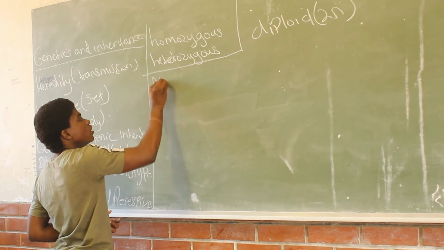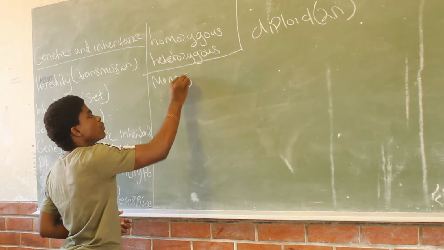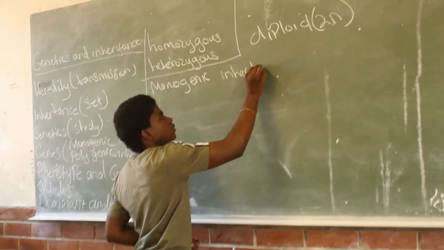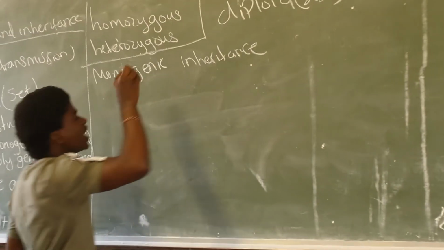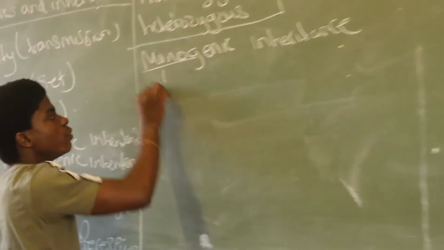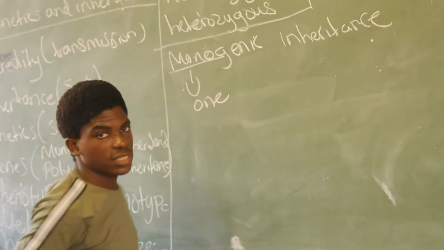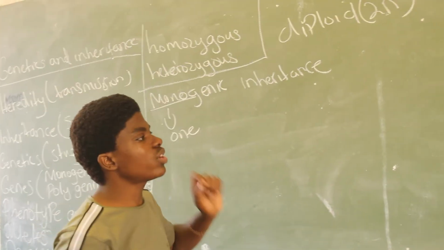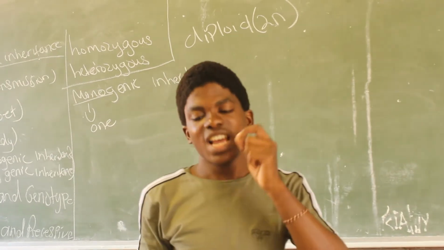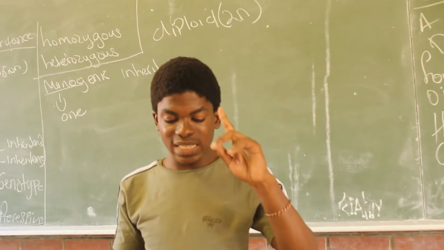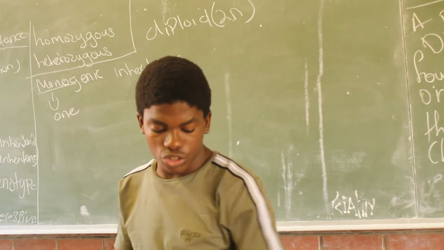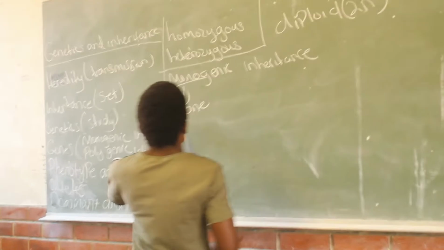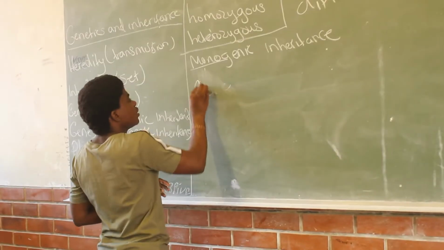So when we talk about monogenic inheritance, take mono. We know that mono means one, right? So when we're talking about monogenic inheritance, we are talking about a characteristic that is controlled by a single gene at a single position on a chromosome.